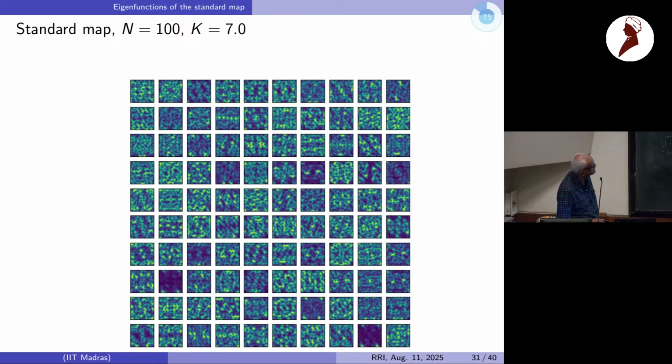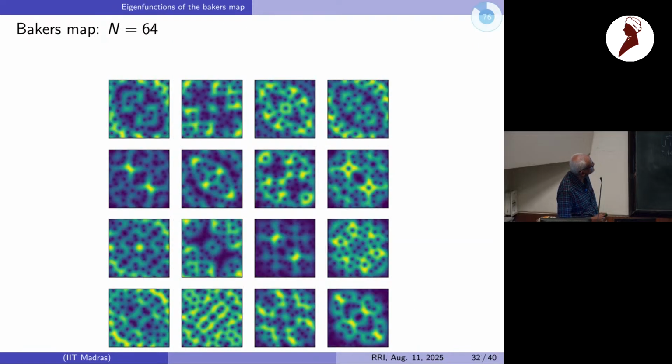Actually, scars: this is for the Baker's map, where we know all the periodic orbits, so it's easier to identify. There's no parameter, but you can see that this is clearly a period 4, this is a period 2, 1/3, 2/3, 2/3, 1/3. And there are associated other orbits, not just periodic orbits, some homoclinic orbits and so on, and period 2 orbit scarring.